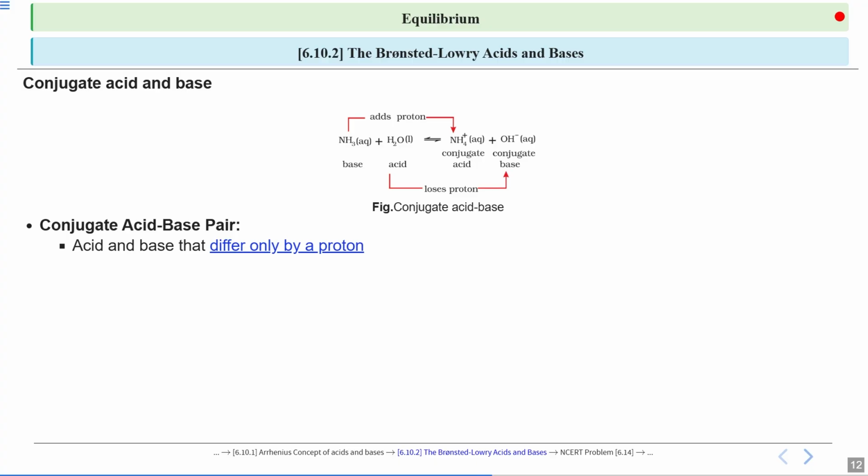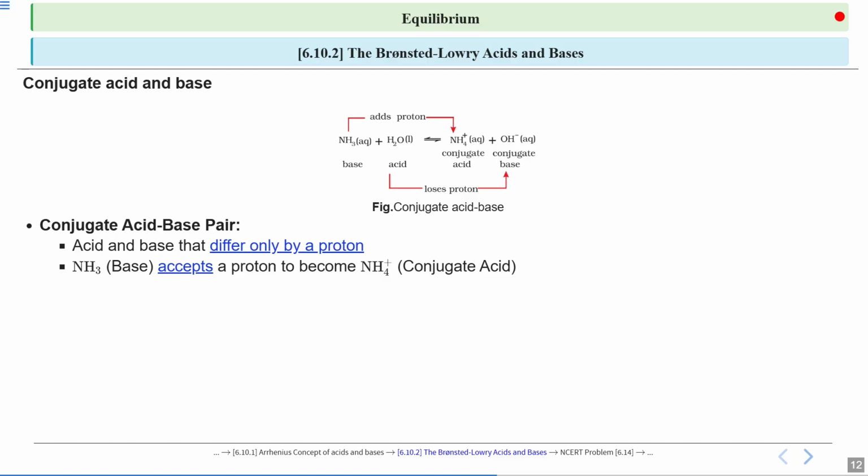The acid and base that differ only by a proton are termed as an acid base pair. For example, if you take NH3 and NH4 plus, the only difference between these two species is that NH3 has taken up one H plus to form NH4 plus. So the difference is of one proton.